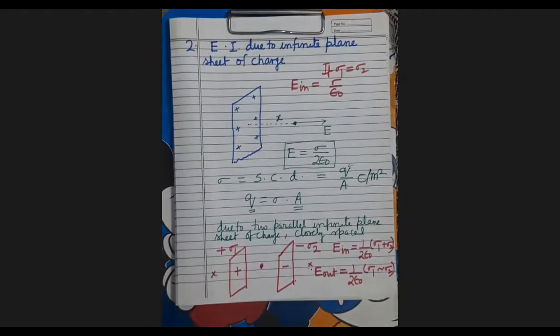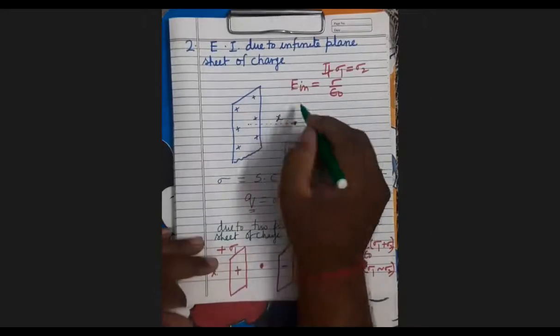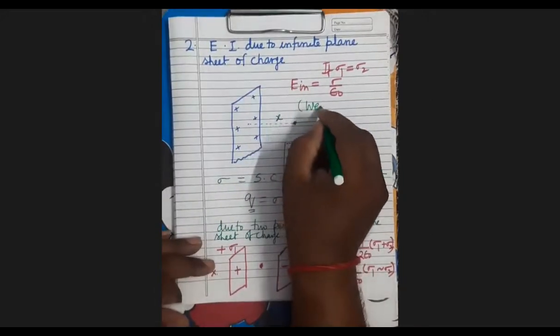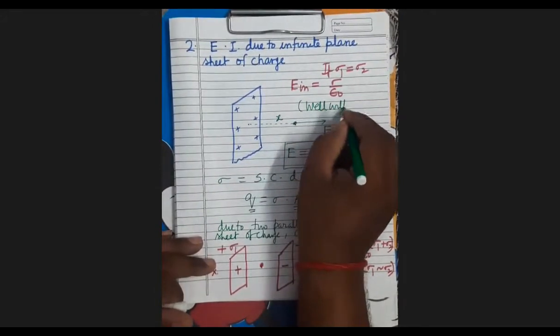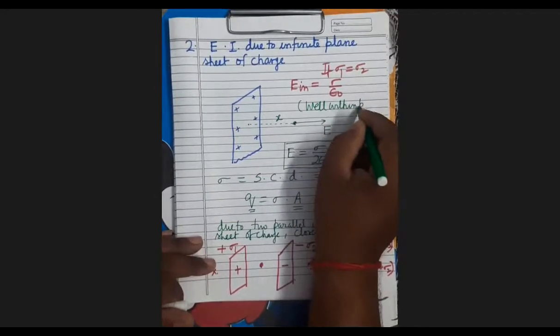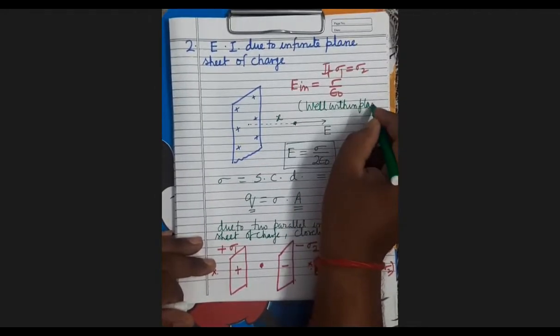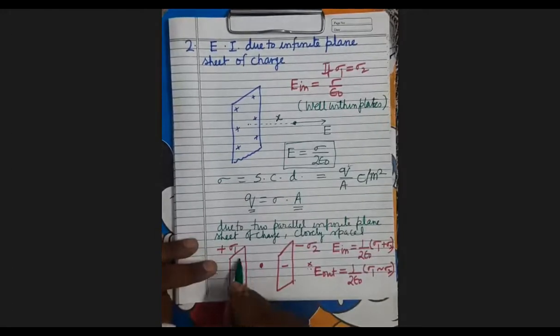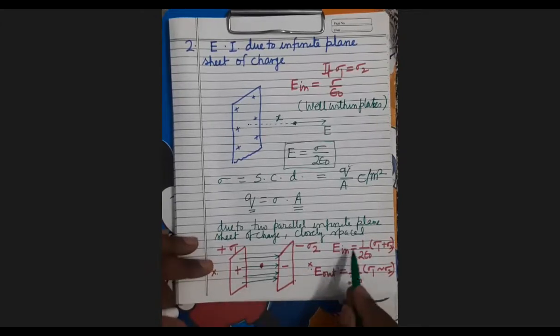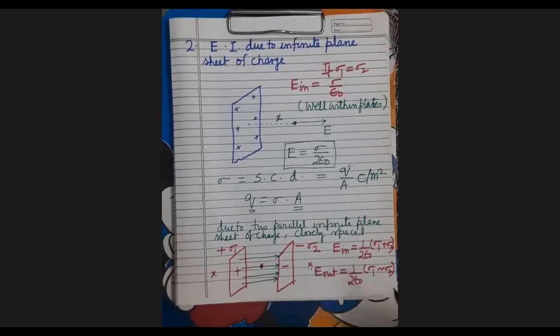What does well within the plates mean? Well within the plates means right in the middle, what will the electric intensity be, if both plates have equal charge density but opposite in nature?